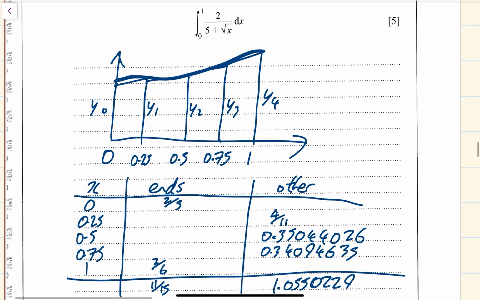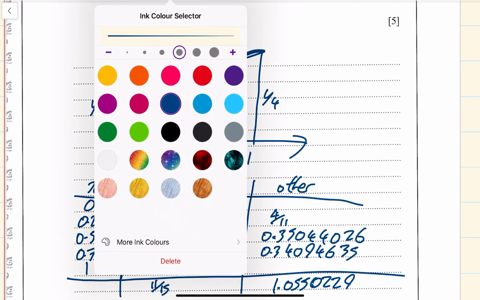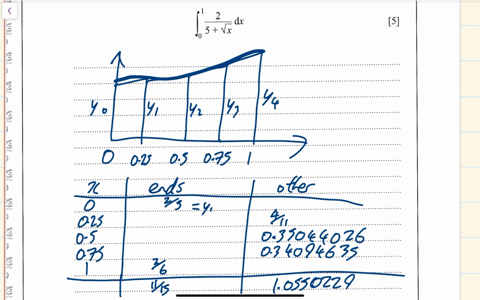This is my y0, and this is my y4. They are my end values. Everything else are my others, that's y1, y2, and y3.